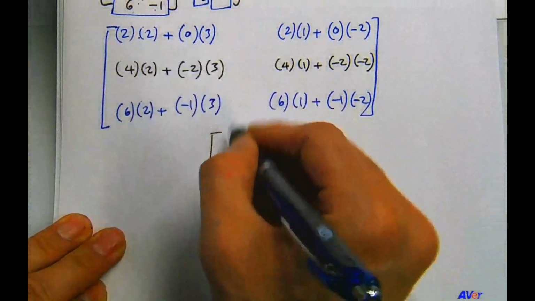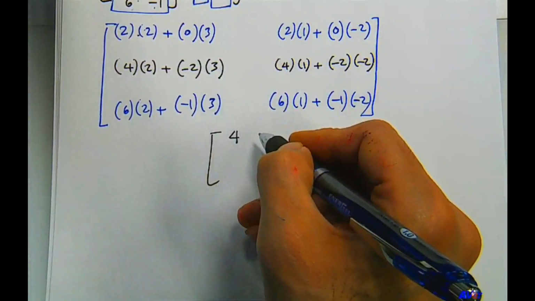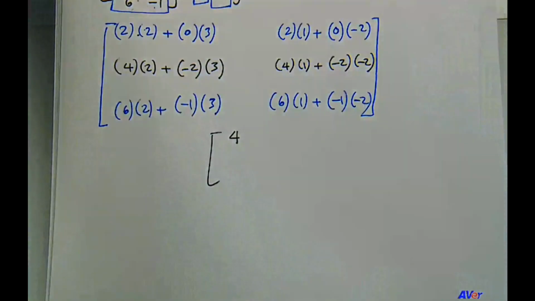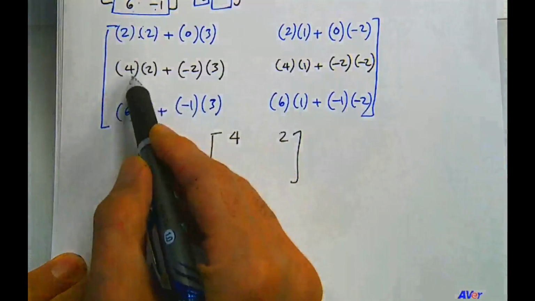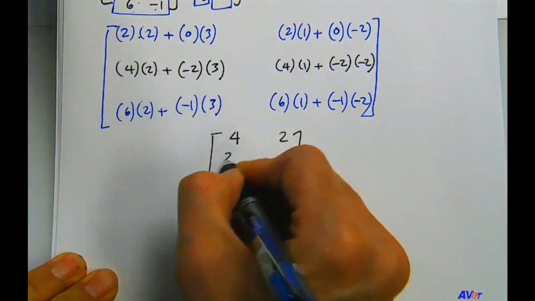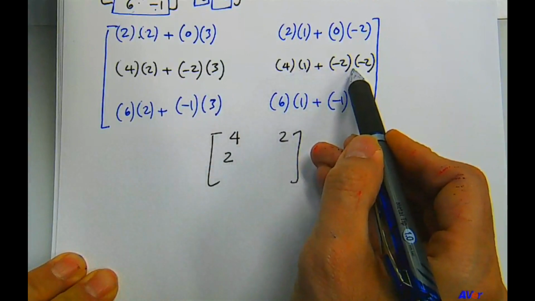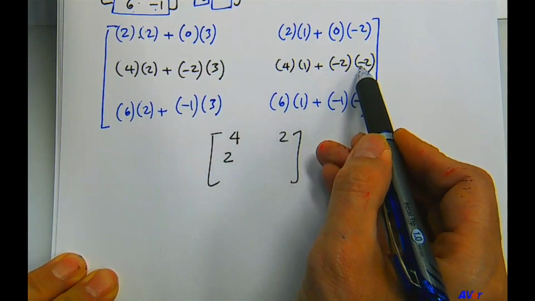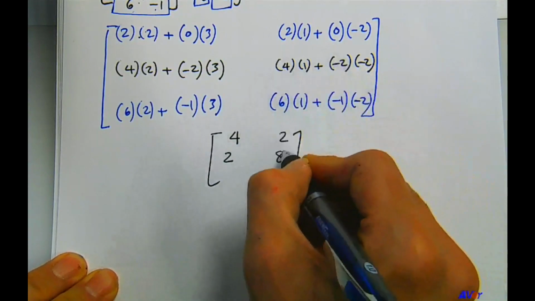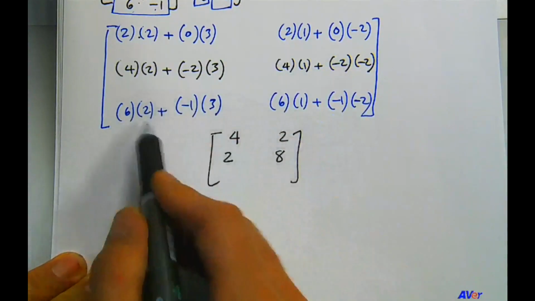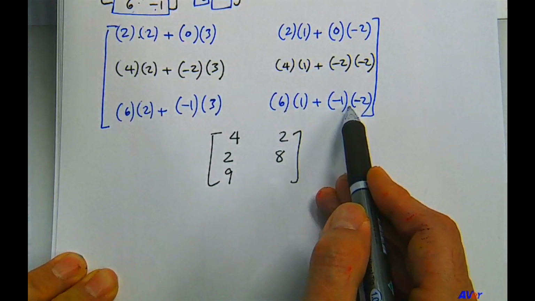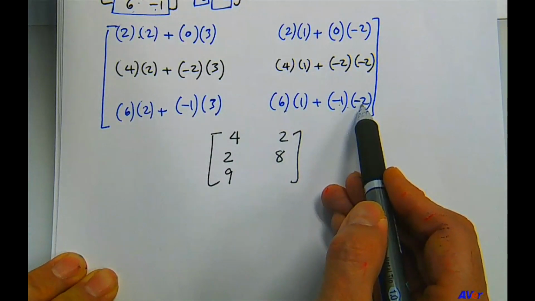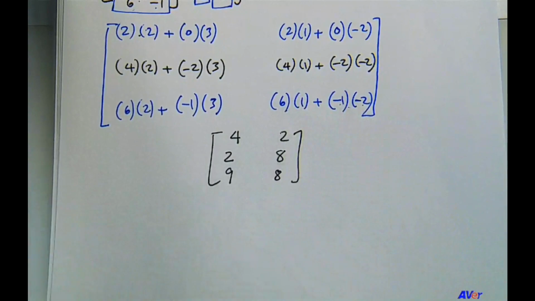4 plus 0 is 4. And 2 plus 0 is 2. 8 minus 6 is positive 2. 4 plus positive 4, because negative 2 times negative 2 is positive 4, plus 4 is 8. 6 times 2 is 12, minus 3, that's 9. 6 plus 2, because negative 1 times negative 2 is positive 2, plus 6, we get 8.